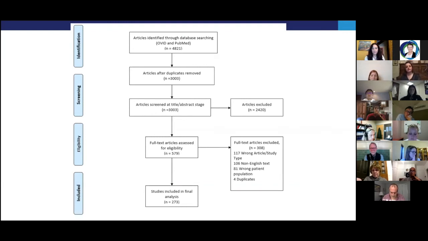And then with those, we screened the full text and excluded things that weren't relevant, wrong article or study type, they weren't English, any more duplicates, and wrong patient population. And we are in the data extraction phase of the 273 articles that we have included in our scoping review.